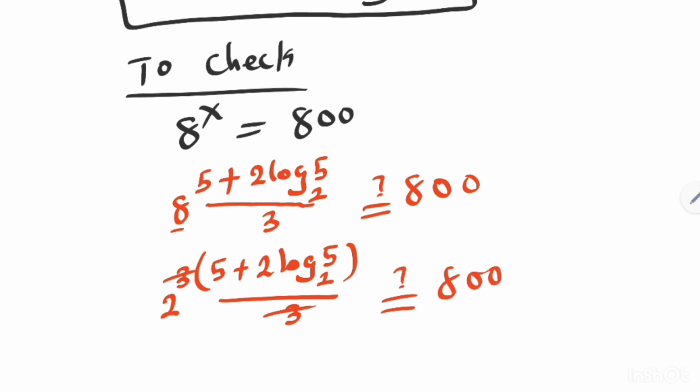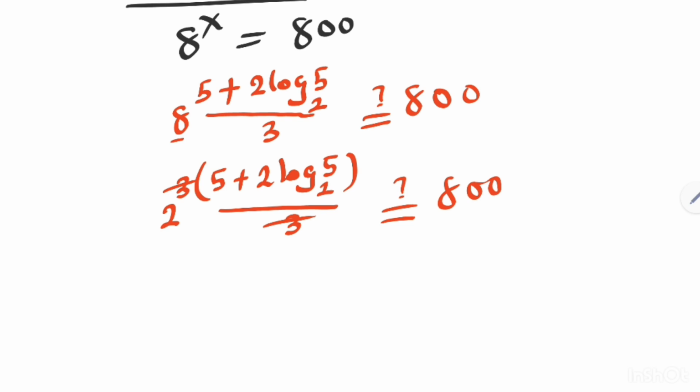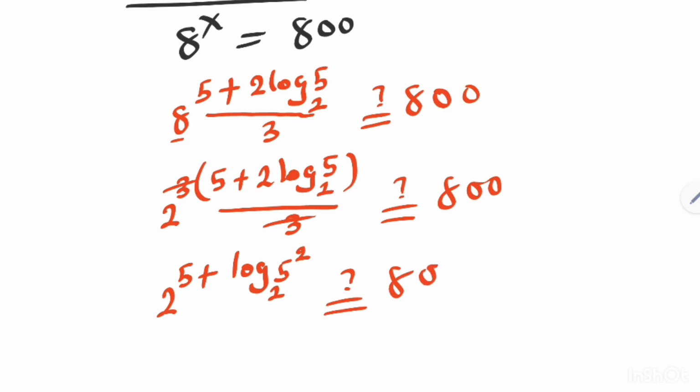This 3 cancels this 3. Then we have 2 raised to power 5 plus this 2 log 5 base 2, which can be written as log 5 square base 2, must be equal to 800.